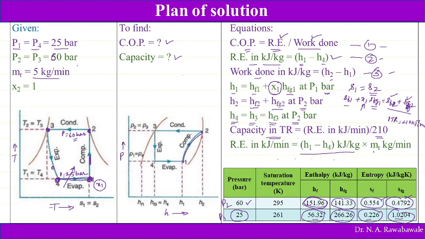If we multiply it by the mass flow rate of refrigerant, kg and kg get cancelled, and we get the refrigerating effect in kilojoules per minute. This is substituted here, and then we can get the capacity of the refrigeration system in tons of refrigeration. This is the plan to simplify this problem.